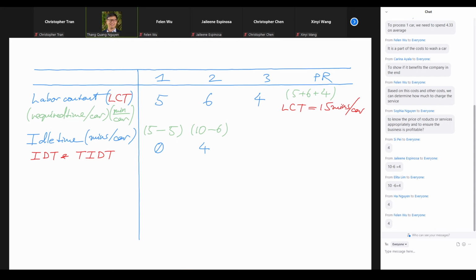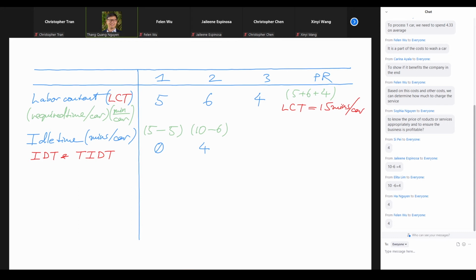The car only requires 3 minutes for each of the workers, and for the remaining 2 minutes, the car is already done. The workers do not have to work on the car anymore, right? And because there are 2 workers, 2 minutes per worker times 2, we have the total idle time of 4 minutes per car, right?